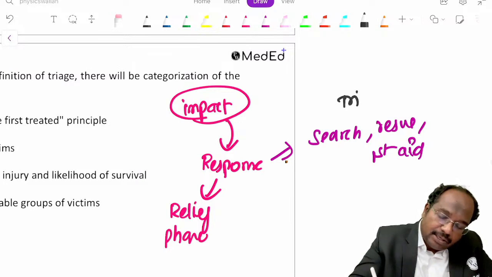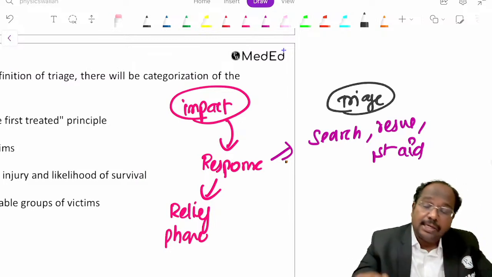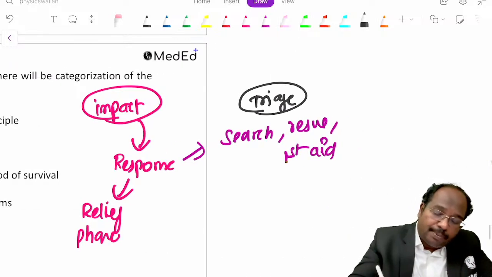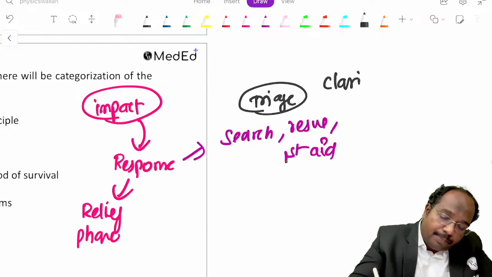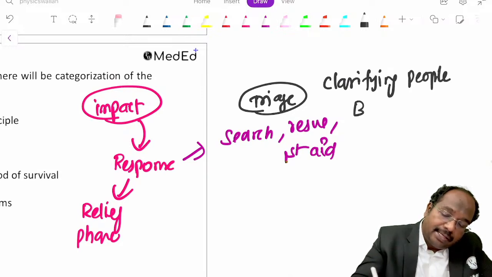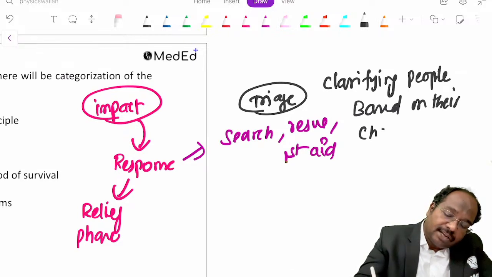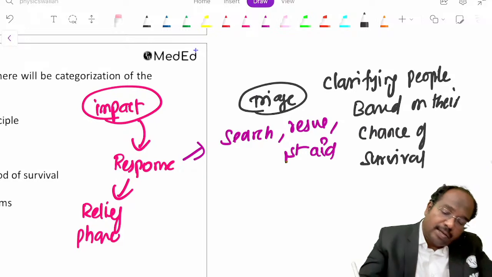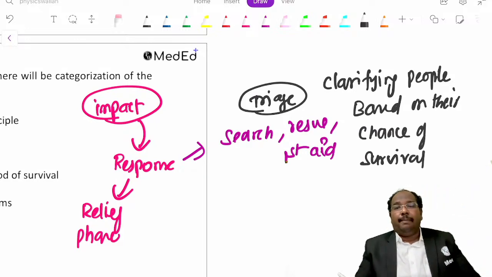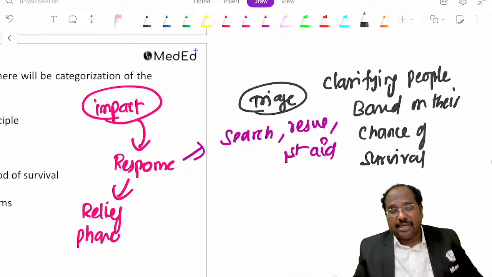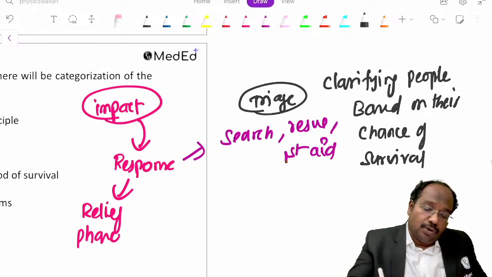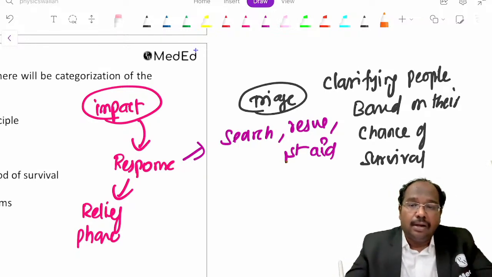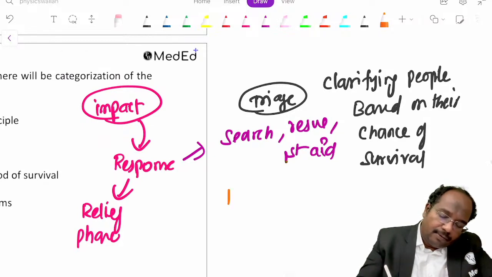What is triage? Classifying injured people based on their chance of survival. What are the colors you are going to have?